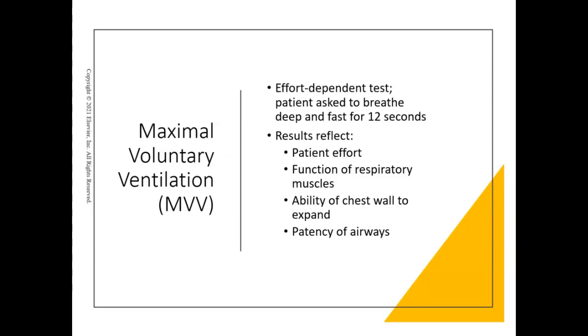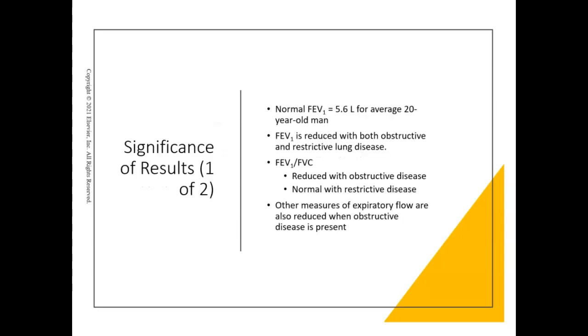When you're looking at your results, abnormal results or results lower than baseline are going to be dependent on patient effort, how strong those respiratory muscles are, any compression of the chest wall, and any obstruction in those airways.